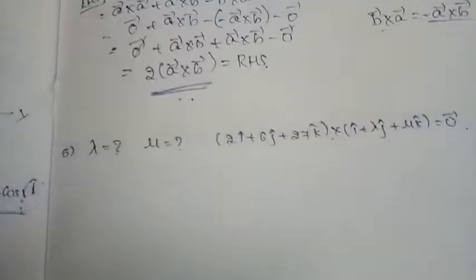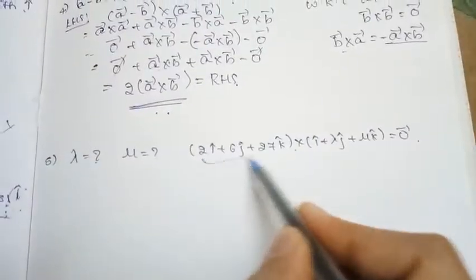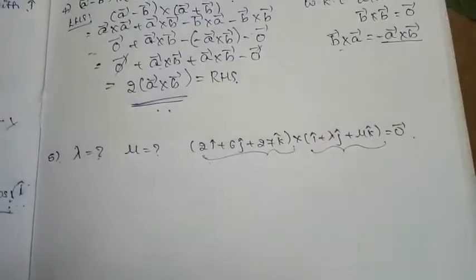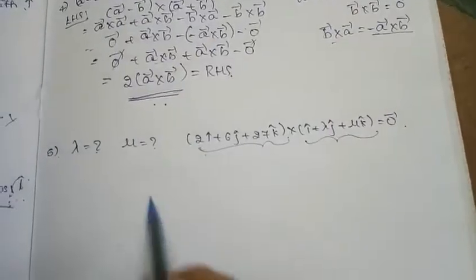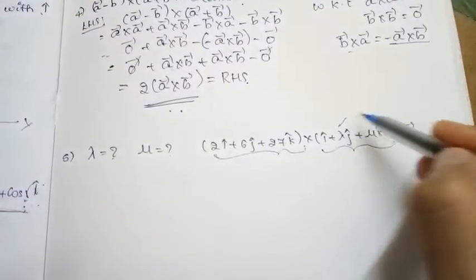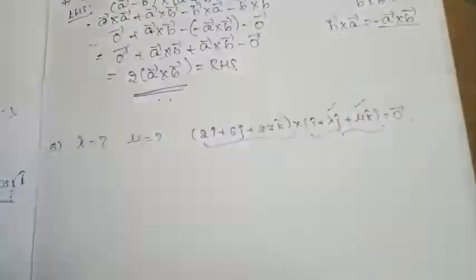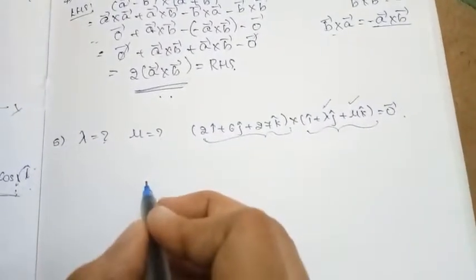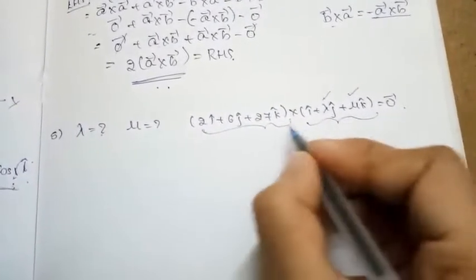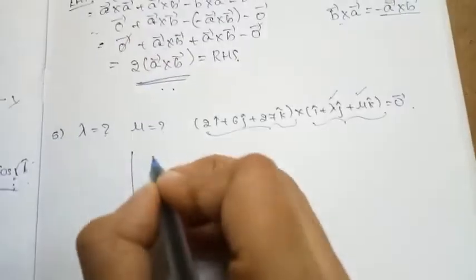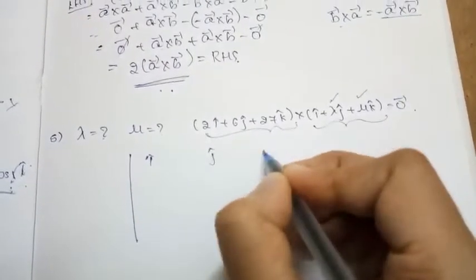So here is the next question. They have given you the cross product of two vectors is equal to 0 vector, and you need to find what is the value of this lambda and mu. So they have given you cross product. We know that cross product of two vectors, we are expressing it in the determinant form.